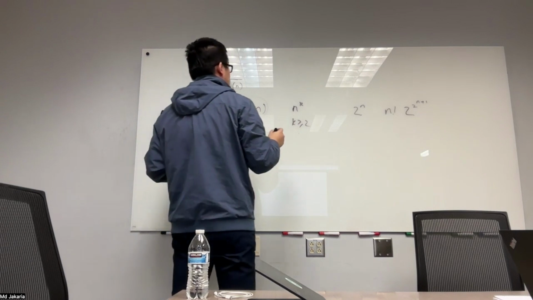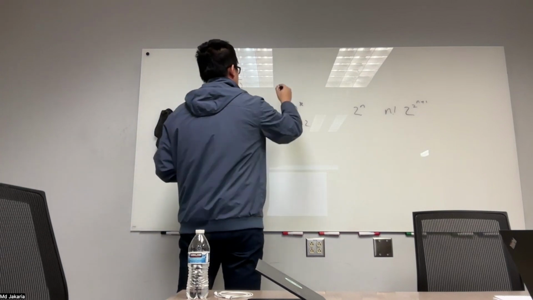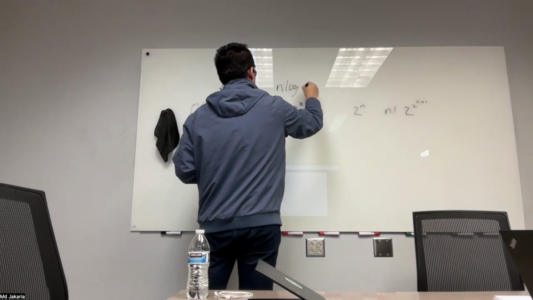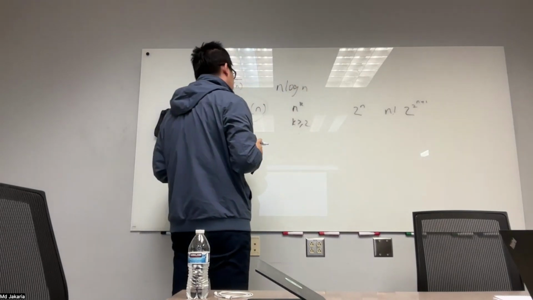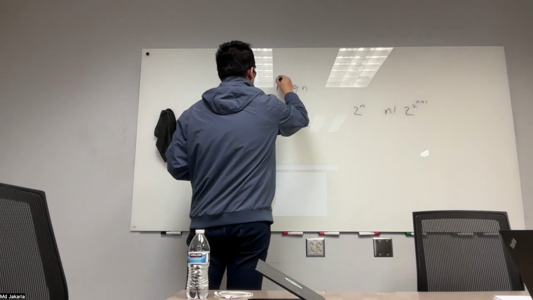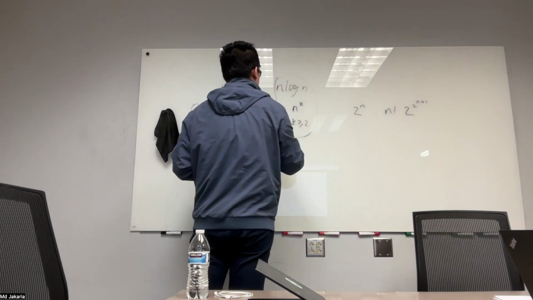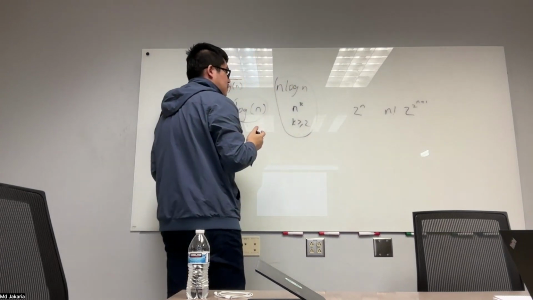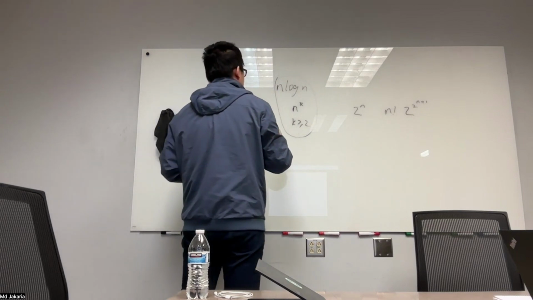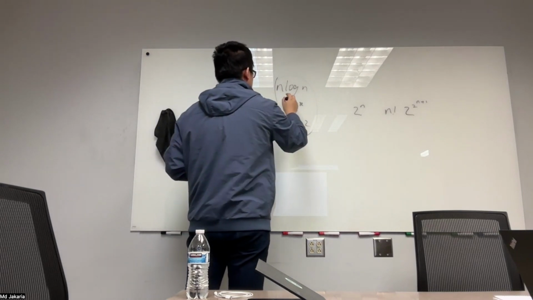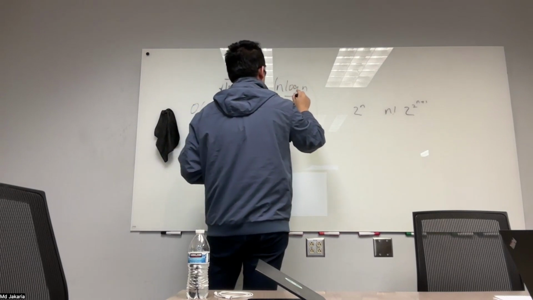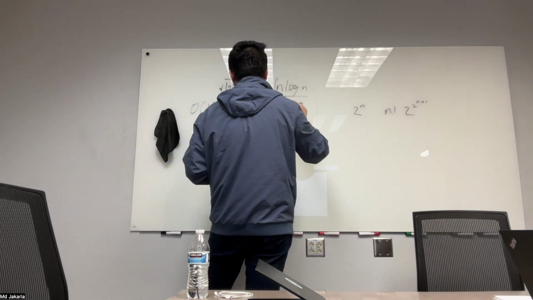Oh, and by the way, something you will likely see is n log n. We have seen this in class a couple of times. The stuff that goes with it, I can group into the same class, because you just need to remember one thing: log n is smaller than n.